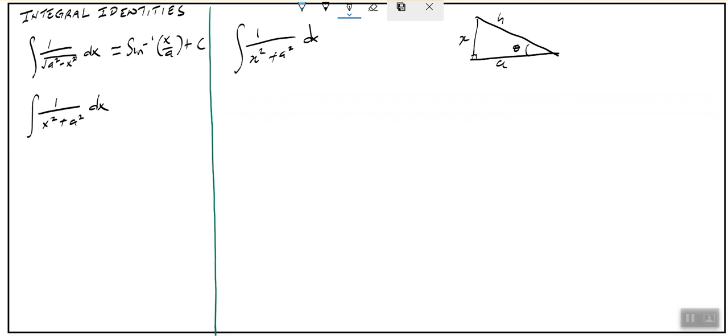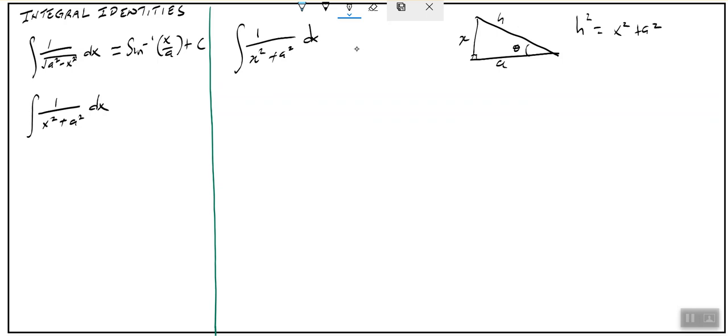In a similar manner, if x is my opposite and a is the adjacent, then the hypotenuse squared is x squared plus a squared, right? This implies that we have our opposite side of the triangle and our adjacent.